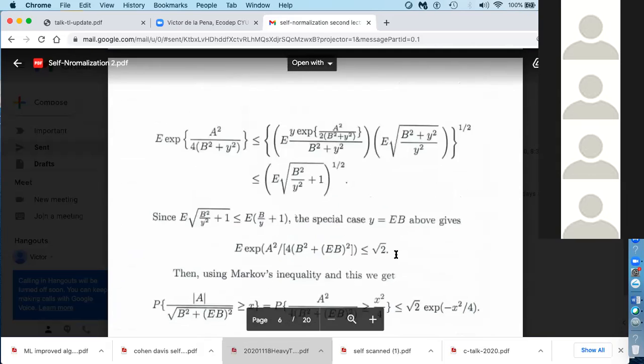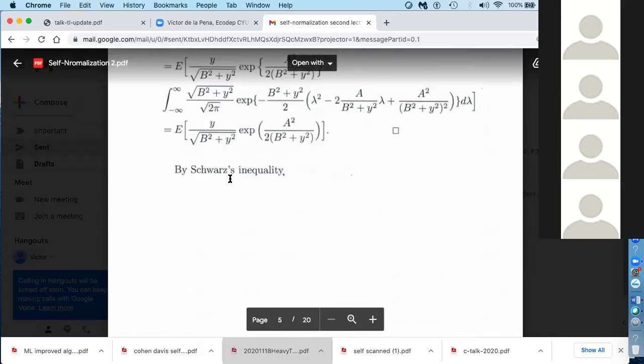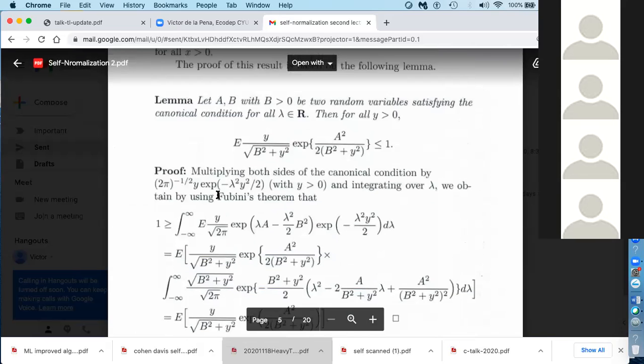And so basically the bound that we have, under the canonical assumption, is that the expected value of e to the A squared over 4B squared, times the expected value of B squared, well, in this case, this can be replaced by y for any y bigger than 0, is less than or equal to the square root of 2. This gives us a bound on the expected value of A squared over 4B squared plus y, and this bound is obtained by looking at this expectation.